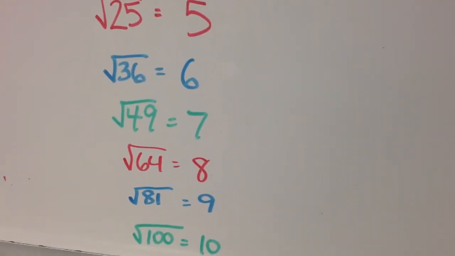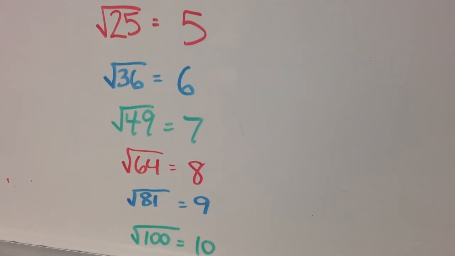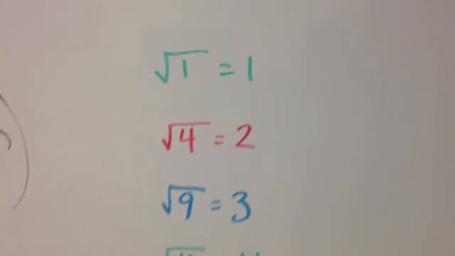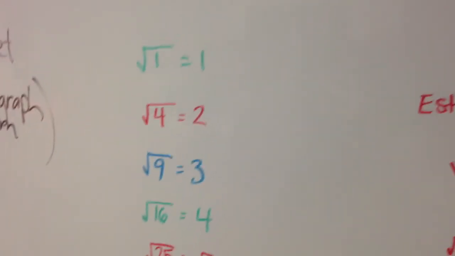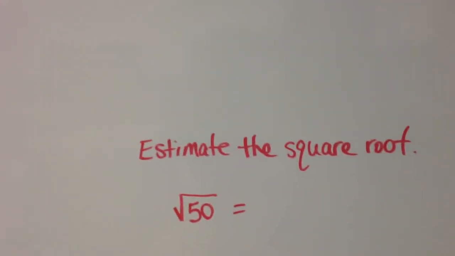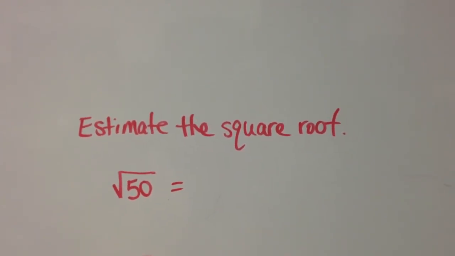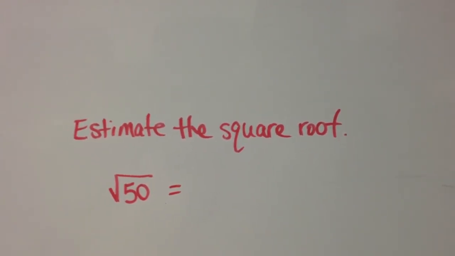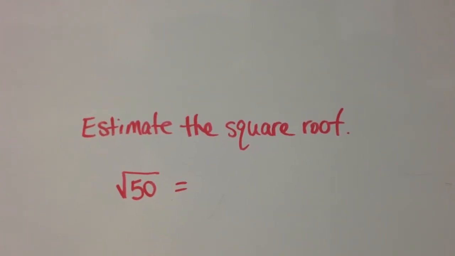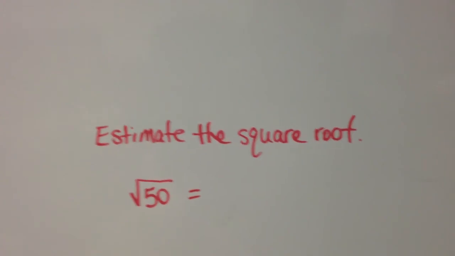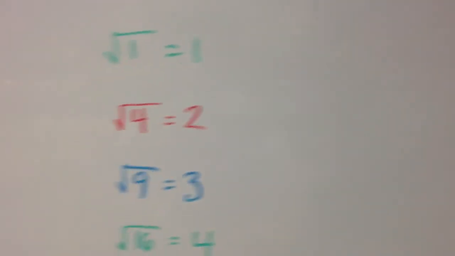We could keep going with all the perfect squares that we can think of and find the square root as a whole number. But now we're going to use those that we know and estimate when we're trying to find a number that's not a perfect square. So in this case, 50. We're looking for the square root of 50. So we're going to look for those perfect squares that are just below it and just above it, the closest perfect squares to 50.